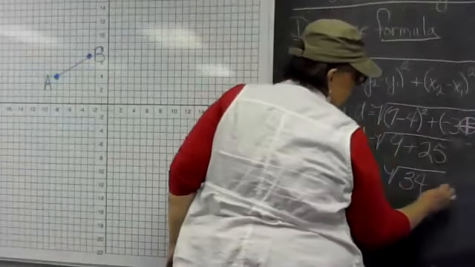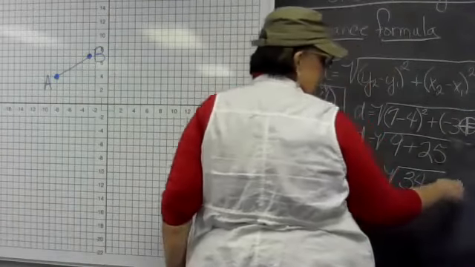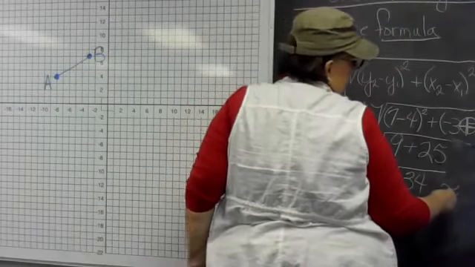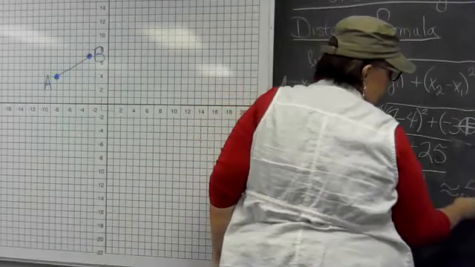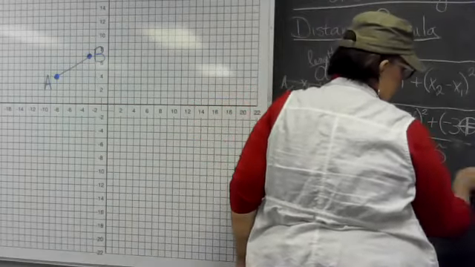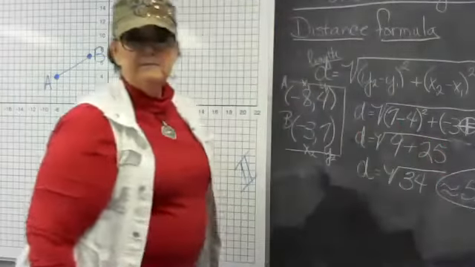And you will see this, instead of a straight equal sign, it's like a curly one. That says approximately equal to. That means you rounded it. So the answer will be 5.83, the distance of that line.